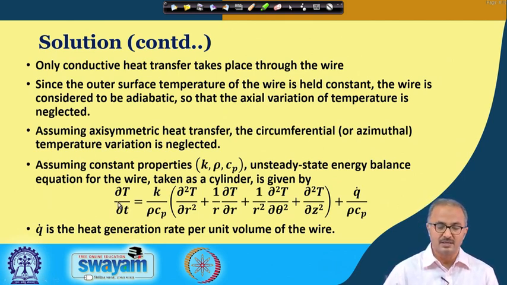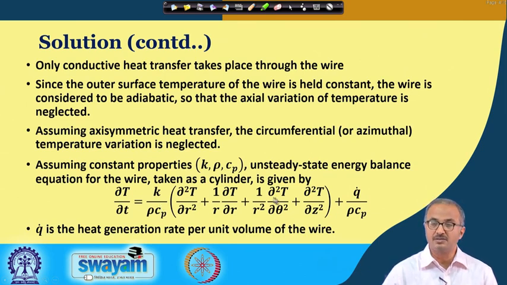You can see that in this particular equation we have dropped all the convective terms because there is no flow. This term gives the temperature change with time, and K by rho Cp is the thermal diffusivity.